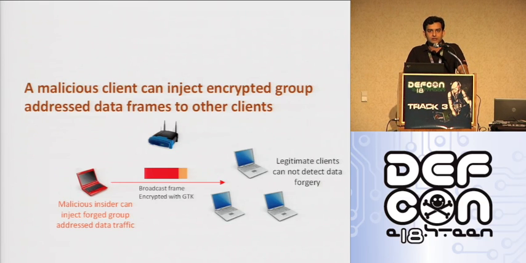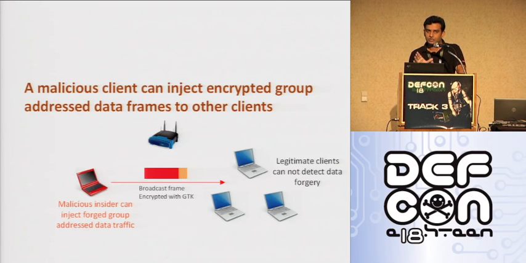Which means a malicious insider can generate a broadcast frame and send that packet to all other Wi-Fi client devices. But Wi-Fi client devices are programmed to receive packets from the access point, not from other Wi-Fi client devices, right?